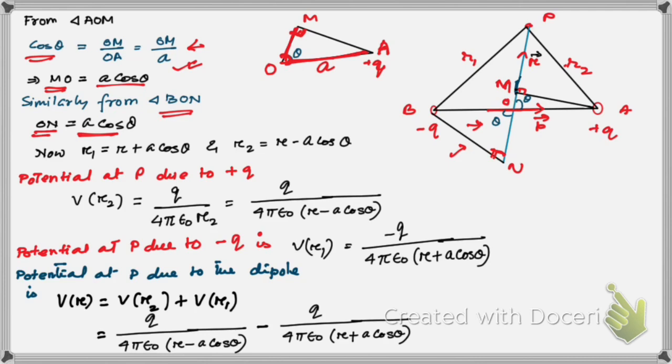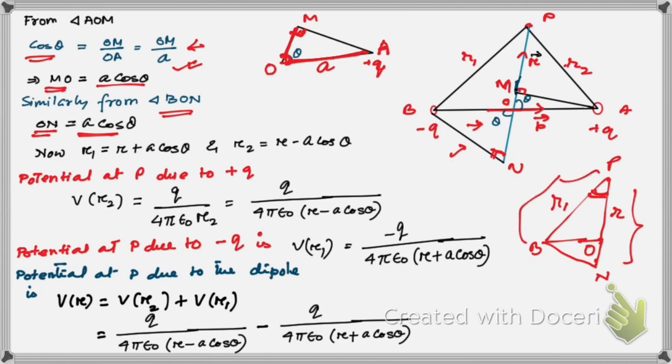And now you see the side R1. If you see the diagram, this is PB, this is R1. Suppose this is the origin, the midpoint of the dipole O. This is R, and this is the point N. I have already told you that for a very small angle, these two sides are almost equal.